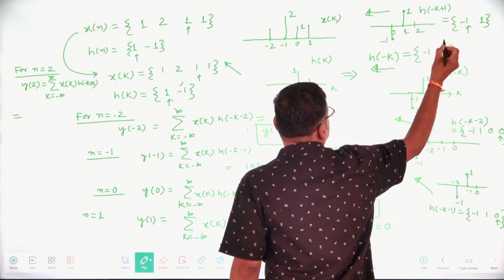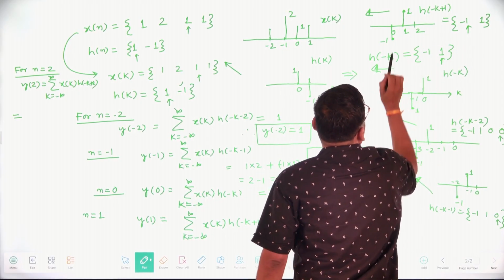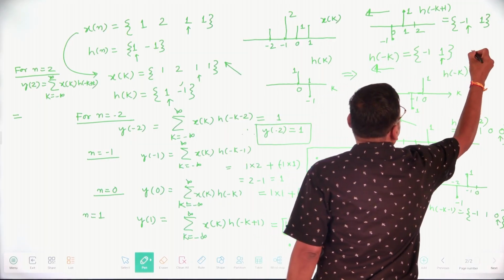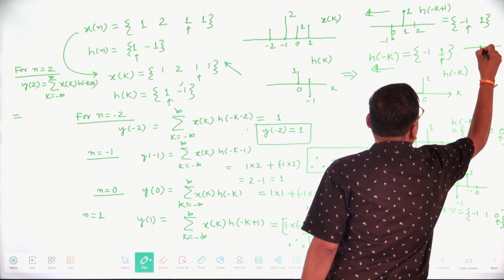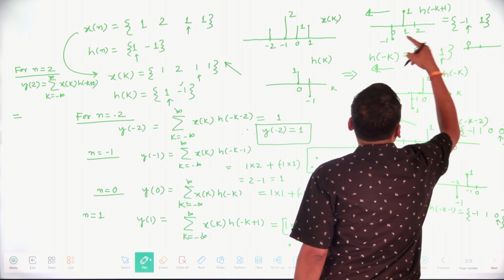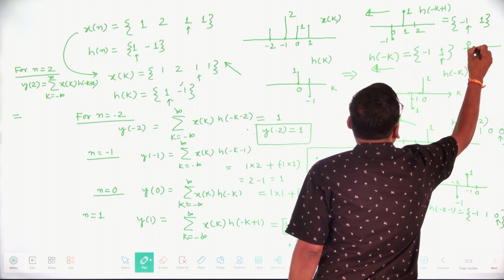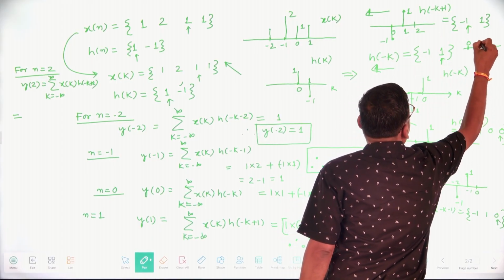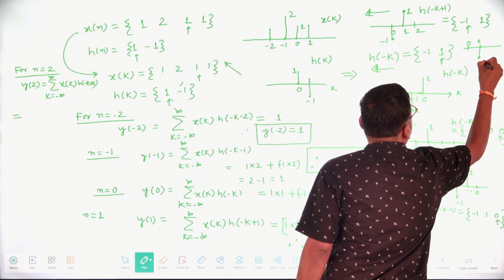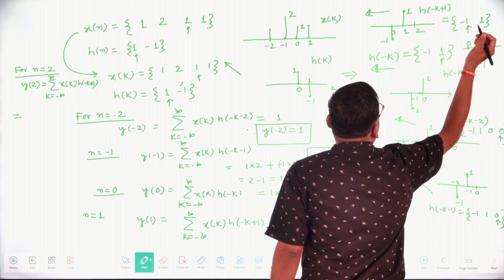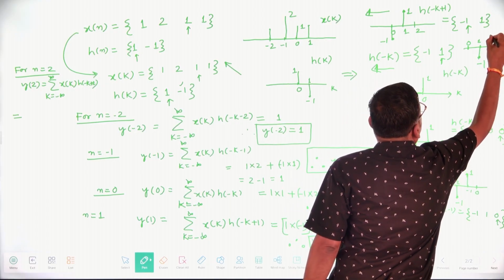So for h of minus k plus 2, whatever was at 0 goes to 1 here. That is 0, 1 in place. This is minus 1, and here 1, and that is 2 here.